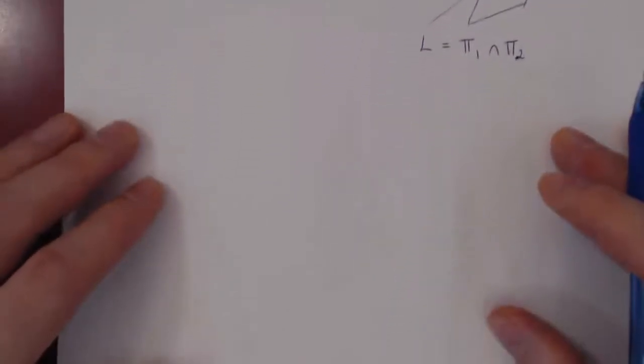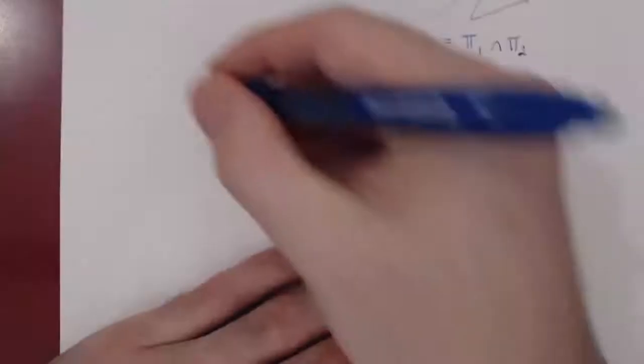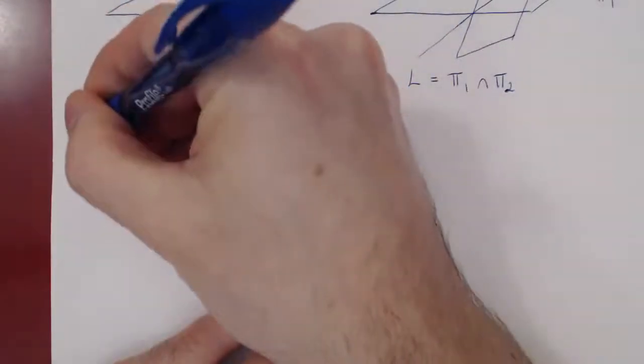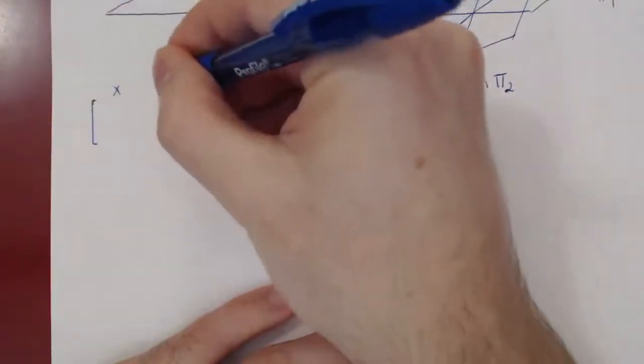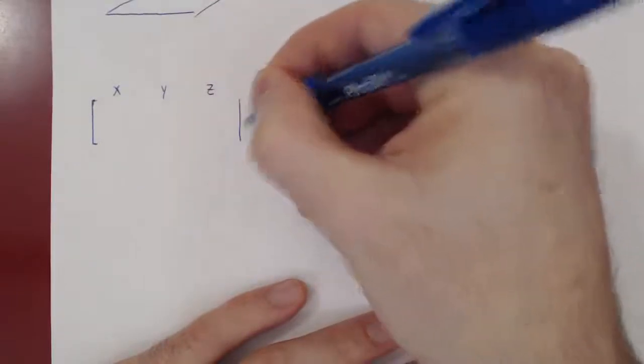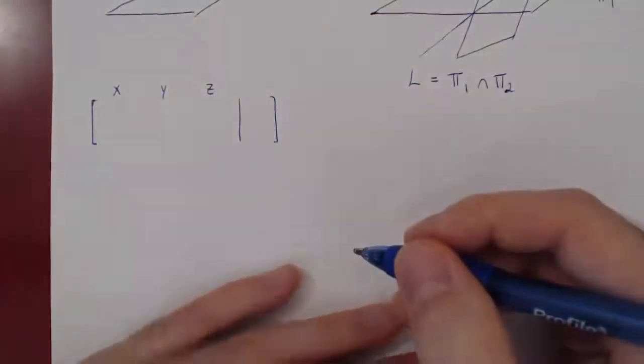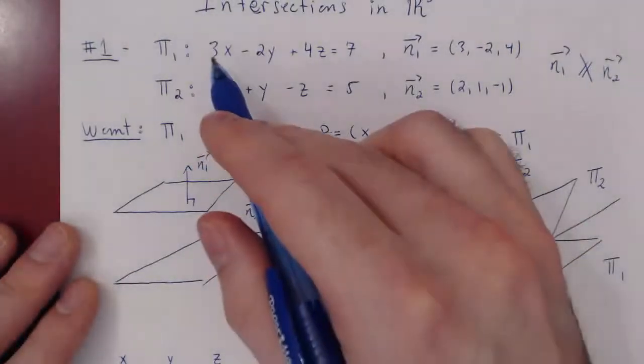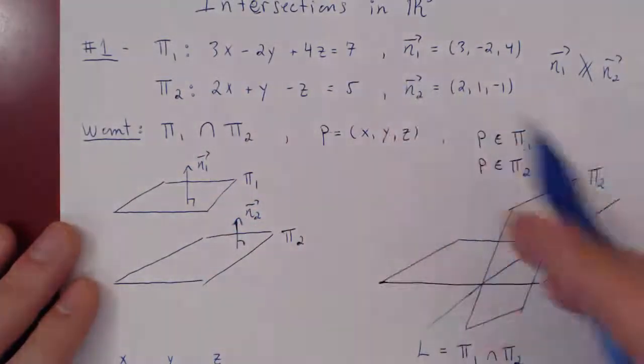Let's rewrite the augmented matrix of the system. So x, y, z. The first equation, if you recall, had coefficients 3, negative 2, 4, and a constant term of 7.